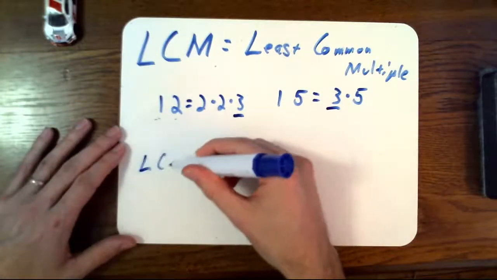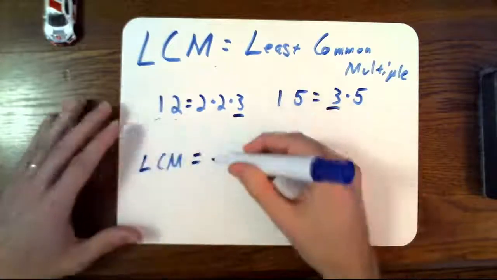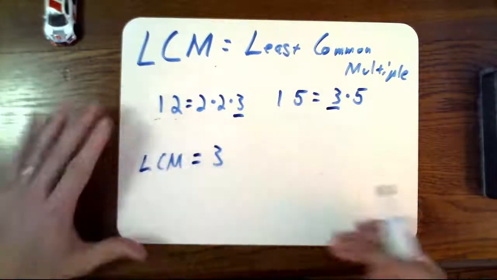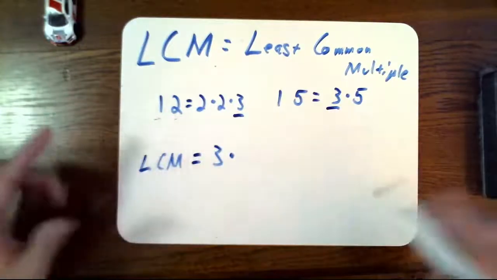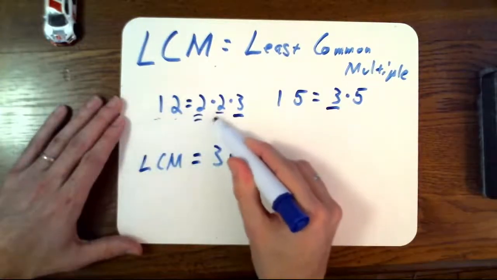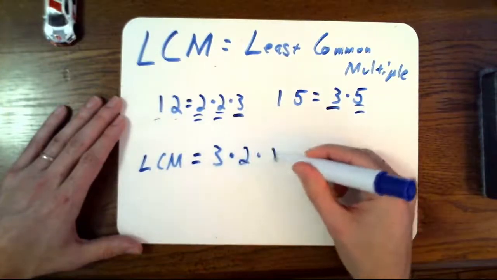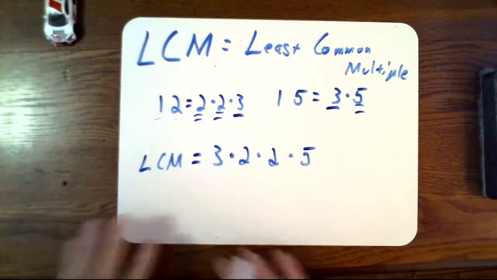So when you're finding the least common multiple, we're only going to list that 3 once because it's shared between the two, so we don't need to write it twice. But now we want to write down all of the factors that are uncommon. So uncommon, uncommon, uncommon. So I'm going to have 2 times 2 times 5.